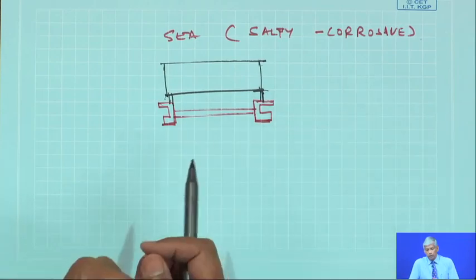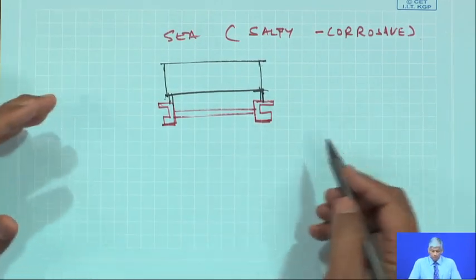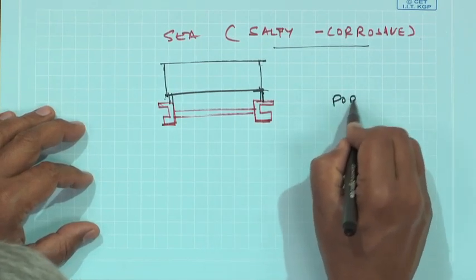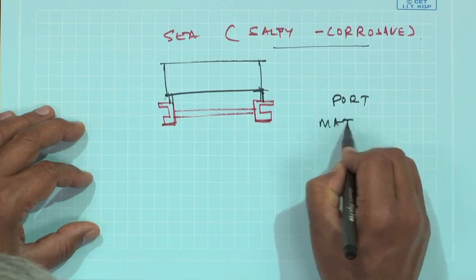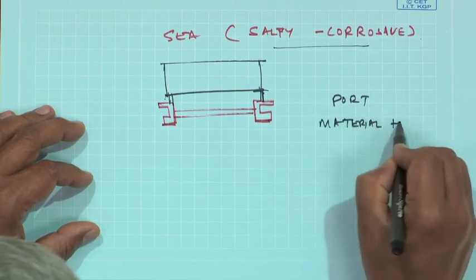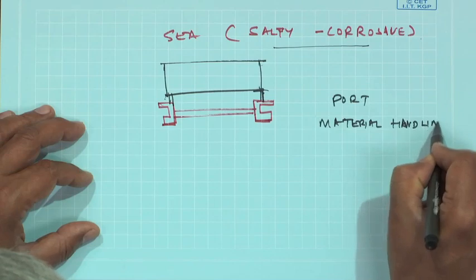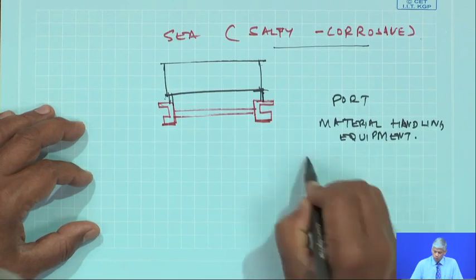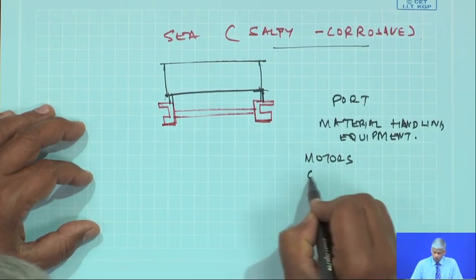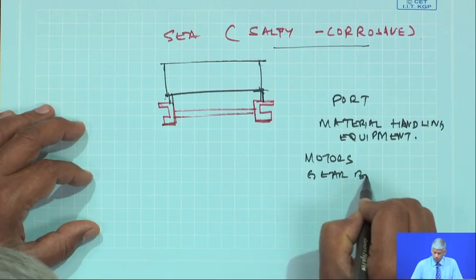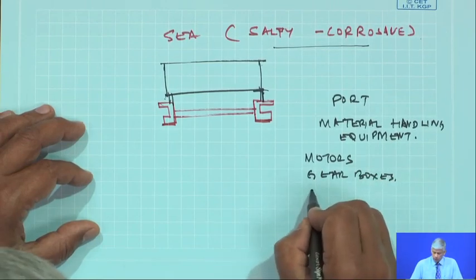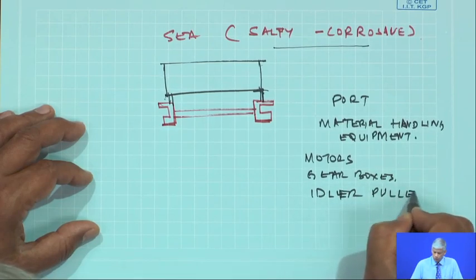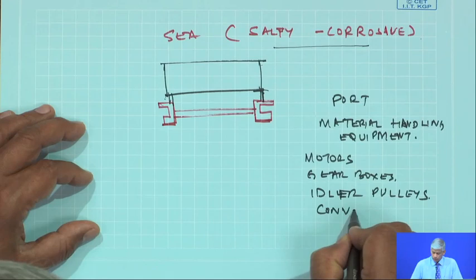I know of a case where equipment was brought to the shore because there was a port where there is a lot of material handling equipment in terms of motors, gearboxes, driving idler pulleys for the conveyor systems.